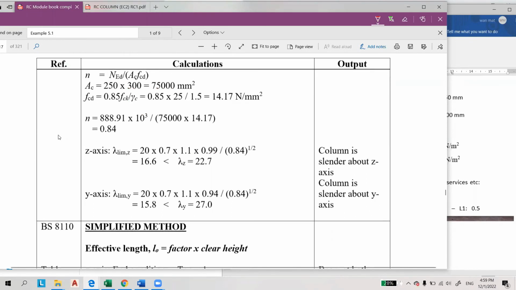This is the A and this is the B. This is the A, B, and C, and then this is A, B, and C.